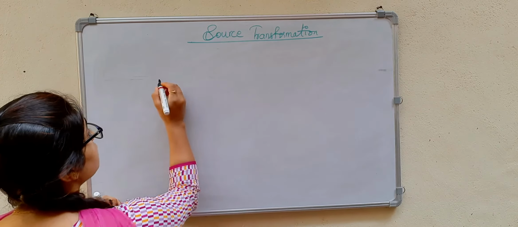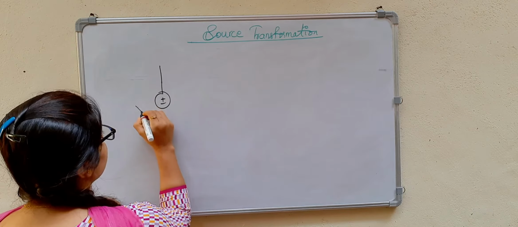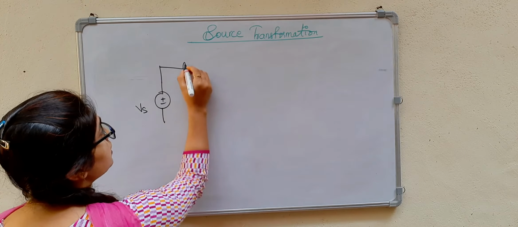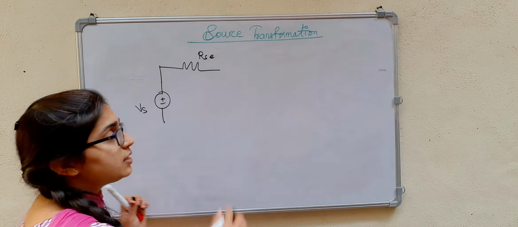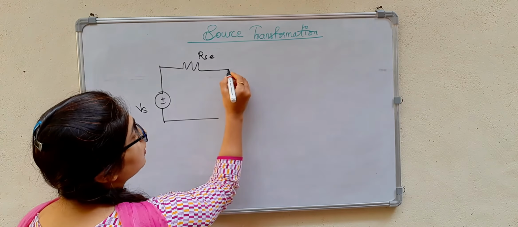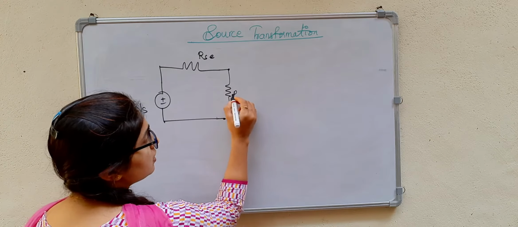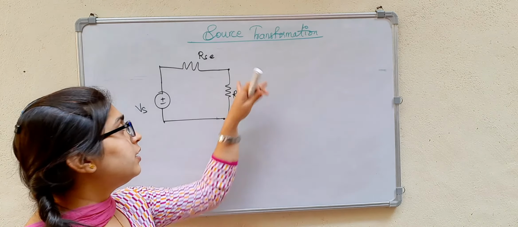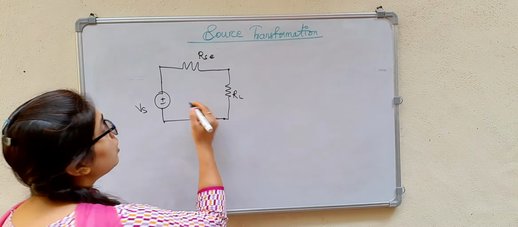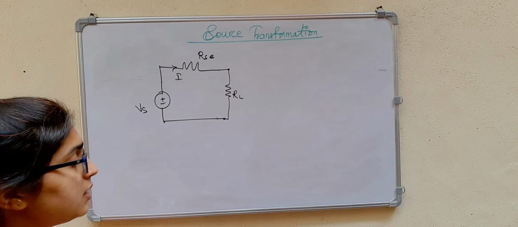Let us consider a voltage source here, that is Vs, which is in series with its internal resistance RSC. This is the internal resistance, and we will consider the terminals across which we can connect the load RL. This is the load terminal, meaning a load resistor is connected to these terminals. This is the current I which is flowing.